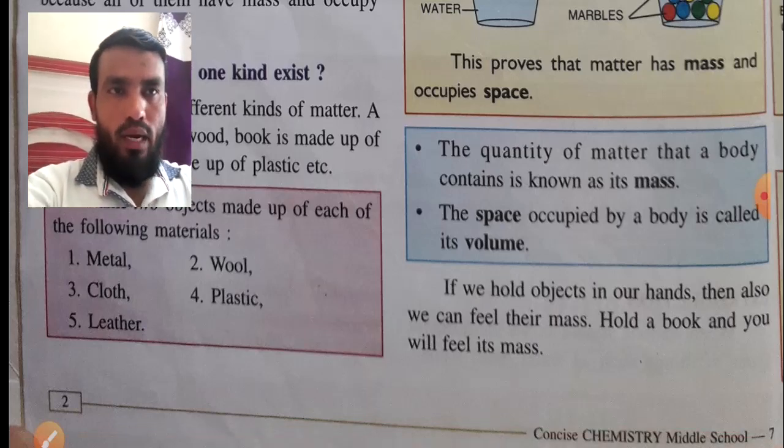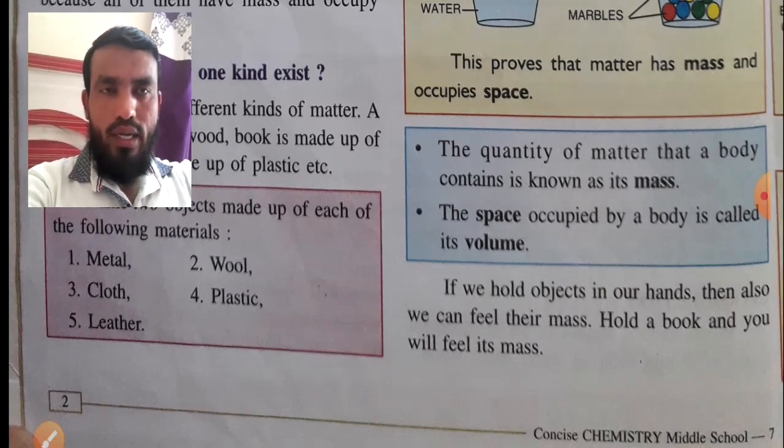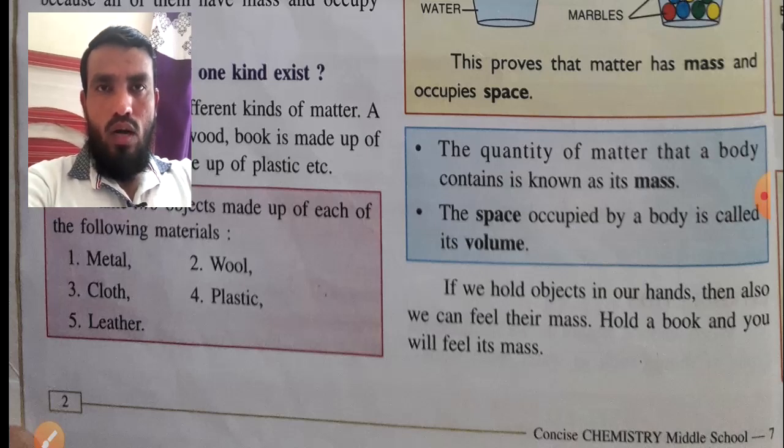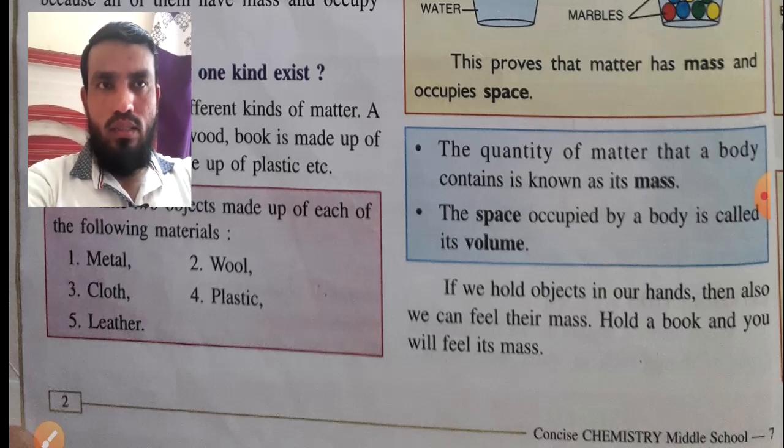The quantity of matter that a body contains is known as its mass. Suppose in a glass you have added one liter of water or half a liter of water. Whatever quantity of matter is inside the body, here the glass is the body and the water is the matter.